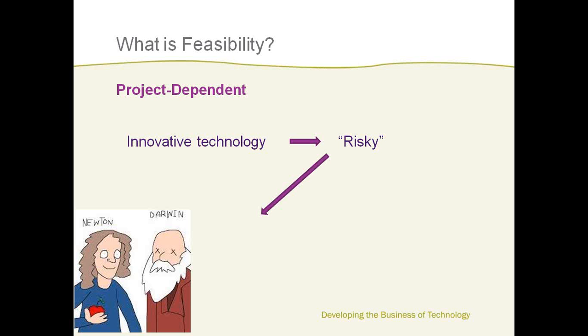Now, I suggest that you imagine yourself sitting down across the table from another technical expert, someone that knows as much about the technology as you do. For this imaginary discussion, you can play the role of Newton or Darwin. You can choose who you want to be here. And as you're explaining your project idea to this other individual, they're saying, "Oh, very interesting, your idea."